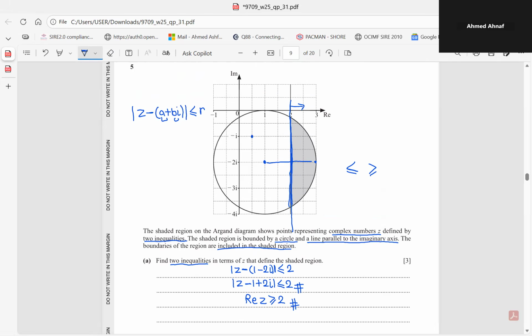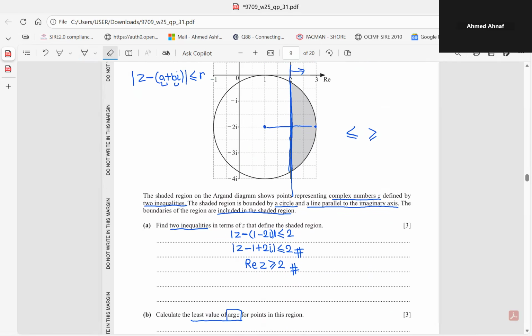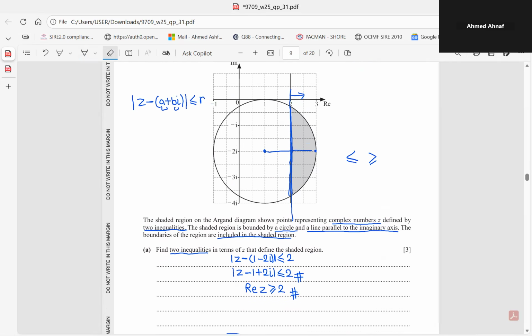The arg z of this point would just be the angle from the real axis to the line connecting the origin to the complex number. So we need to find the least angle that the points in the shaded region can possibly have.